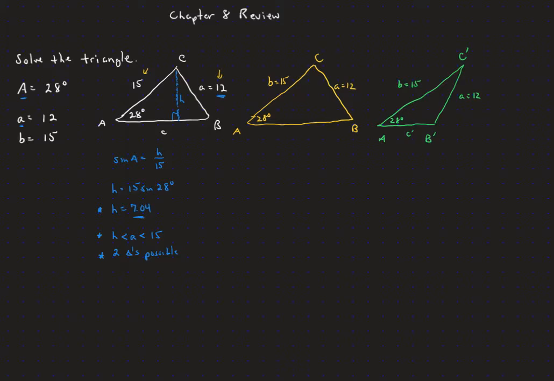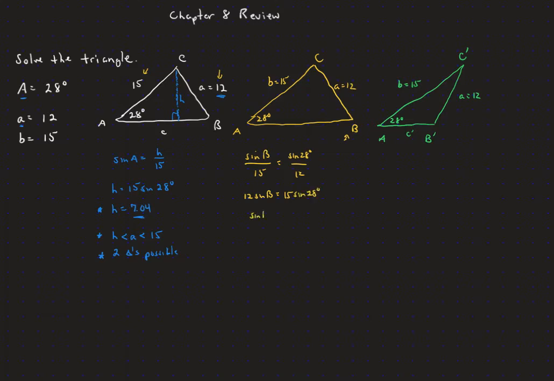So now that I recognize that, I can find angle B in this triangle by using law of sines. So I'm going to say sine of our unknown angle B over 15 is going to be the sine of 28 degrees over 12. Cross multiplying makes 12 sine B equal to 15 sine 28.